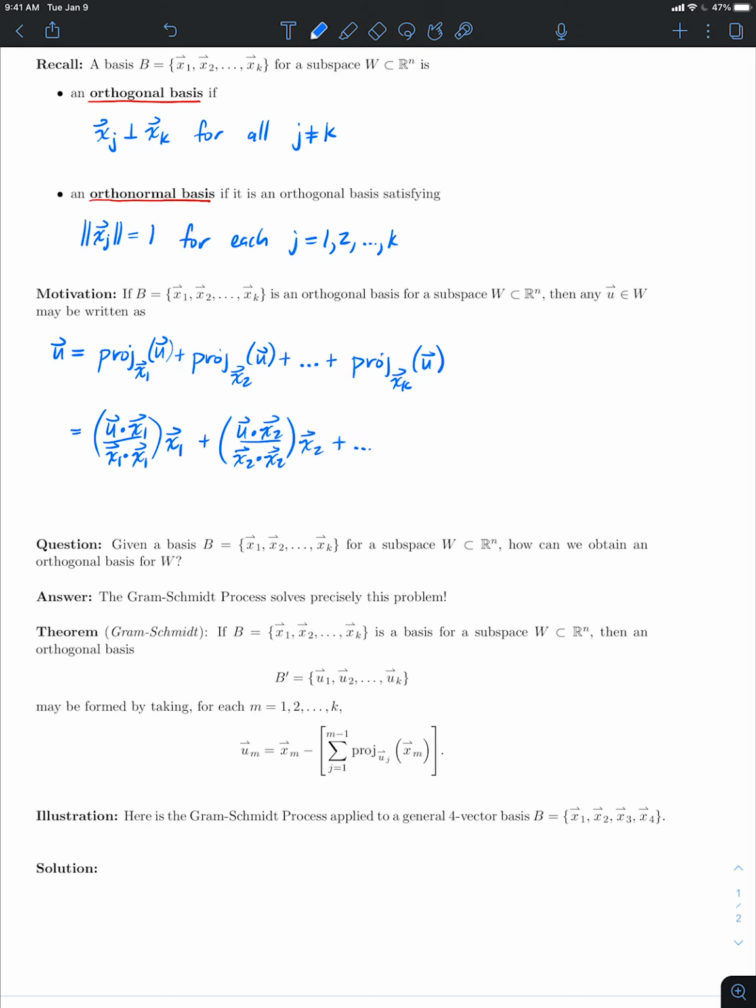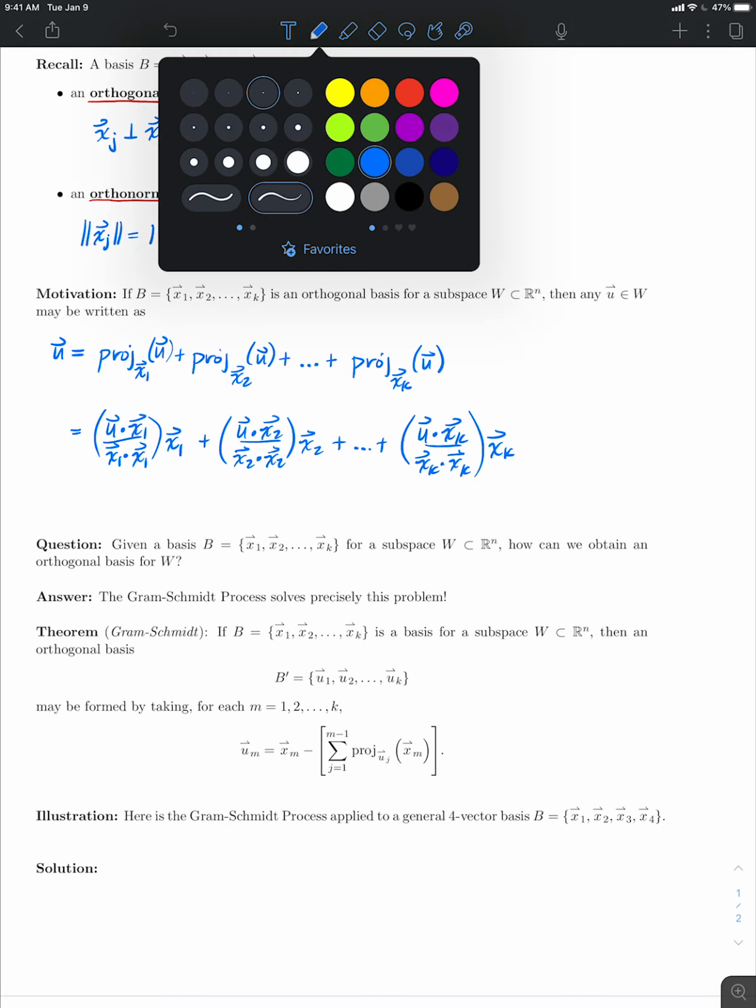I do this with each one of the terms, and the last one will be the dot product of u with xk over the dot product of xk with itself, finally multiplied onto xk. So that's what you get if you unwind what all those projections actually mean.